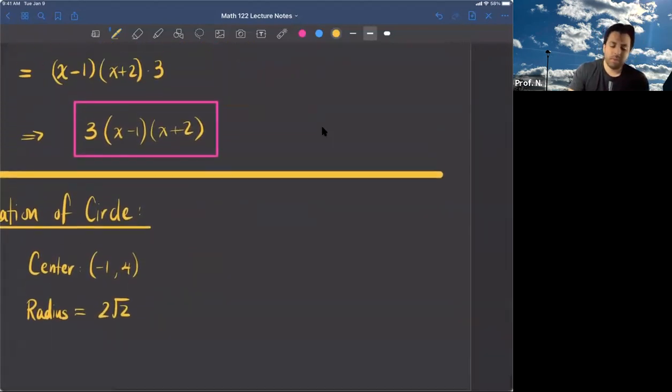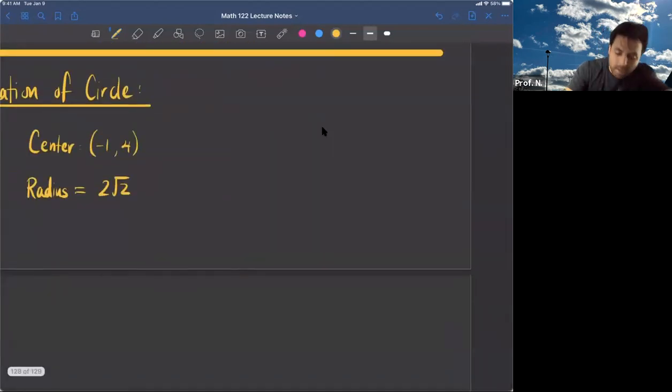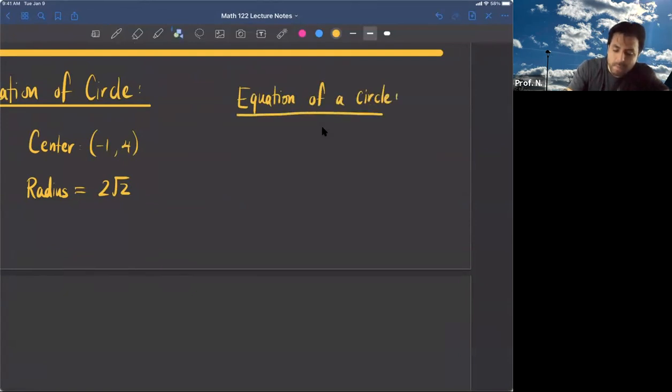Now, what's the equation of a circle? It's x minus h parentheses squared plus y minus k squared equals r squared.